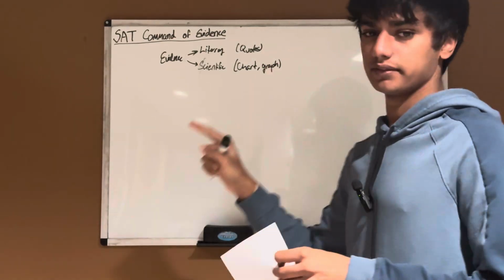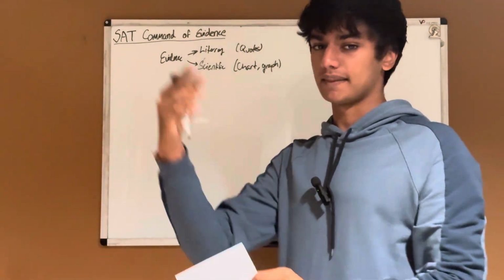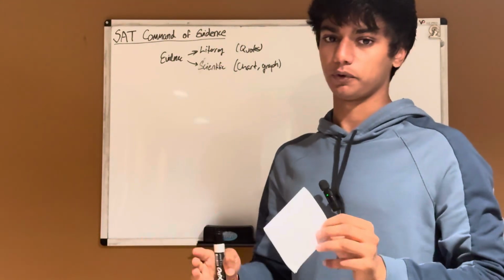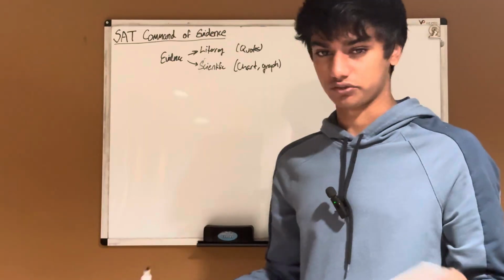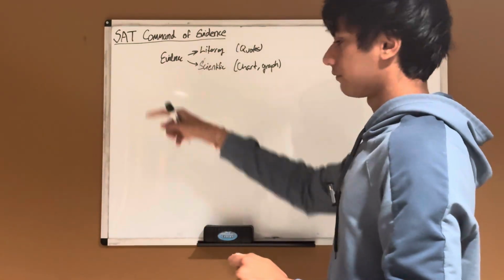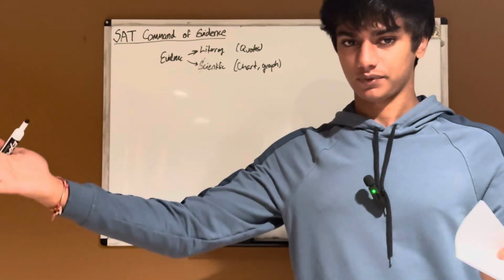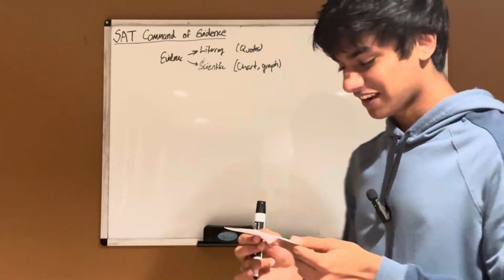They give you a passage, they make a claim about that passage, and they ask you to support or predict the hypothesis or something using evidence that they give you to achieve the claim of the question.